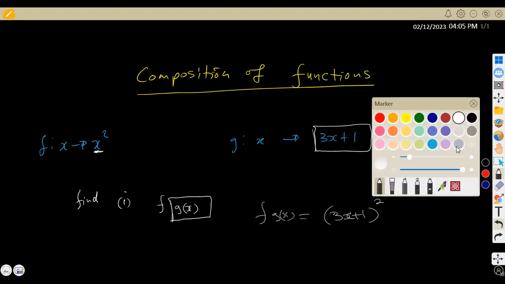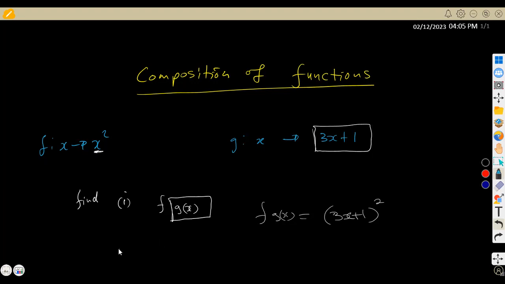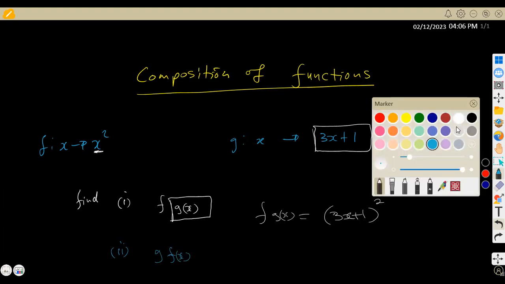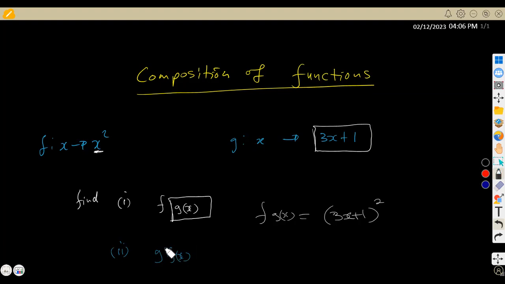Okay, let's say if it was like this, g of f of x. It simply means in our g, we are going to substitute with f of x.